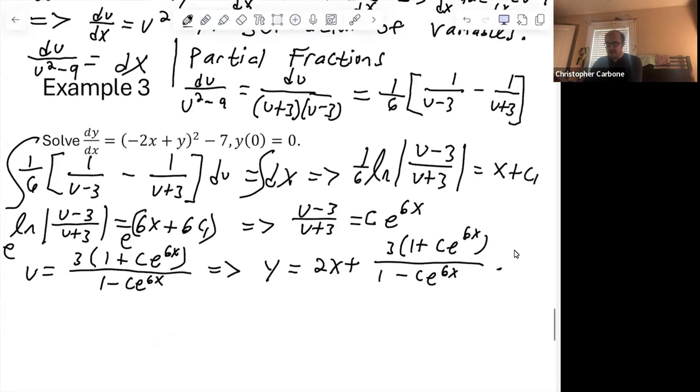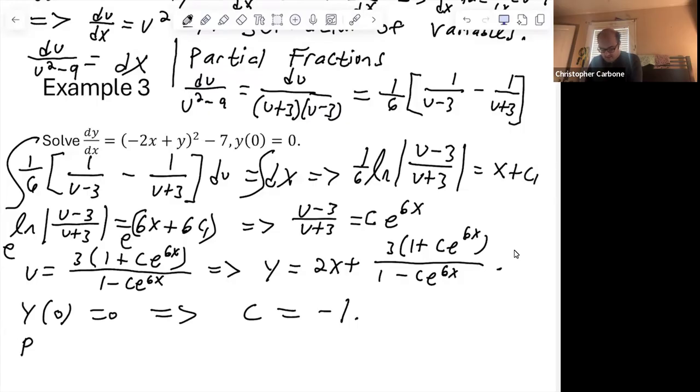And we were given an initial condition of y of 0 is equal to 0. So replacing all those x's in there with zeros, we get 0 plus 3 times 1 plus c divided by 1 minus c. Solving this is going to give us a value for c to be negative 1.